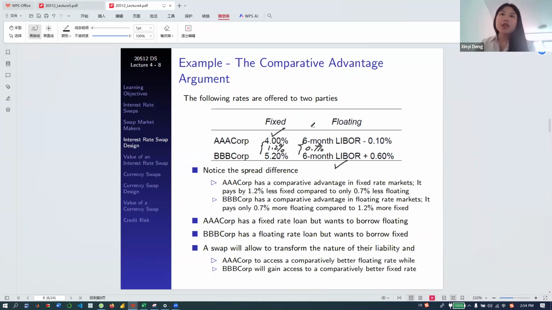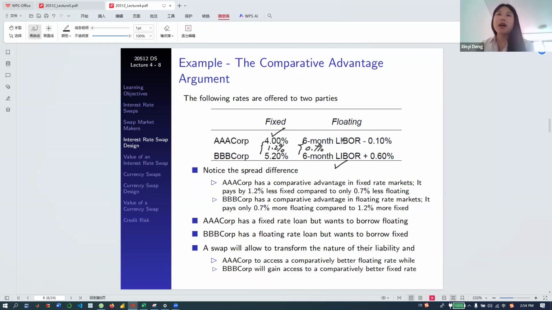Now let's discuss this further. According to the comparative advantage, AAA Corp should just be borrowing the fixed rate loan, right? And BBB Corp should be just borrowing the floating rate loan.